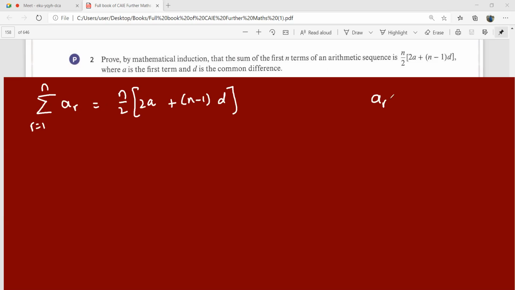And here you have a_r as a plus (n minus 1) into d. That is how you have the nth term of an AP.